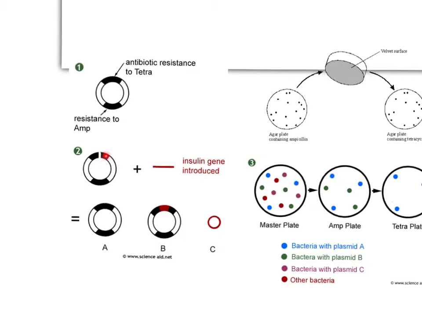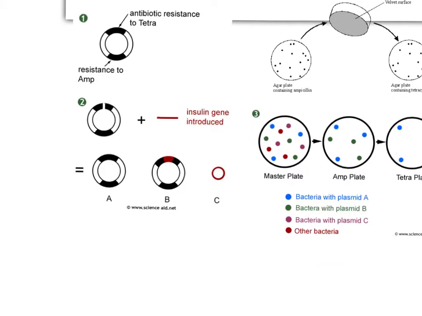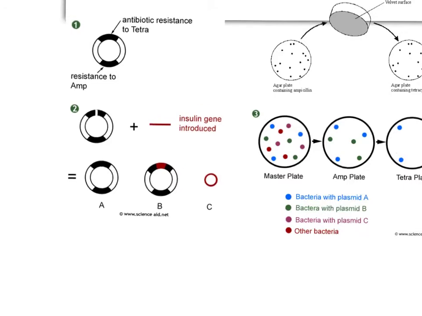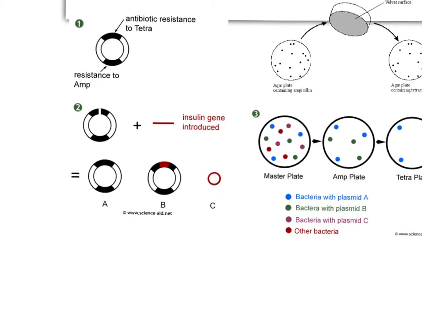That might seem a bit odd, but I'll explain why we do that. Now, as I said at the start, it's a fairly hit and miss affair what the plasmid might do. When we add the ligase, the ligase can do one of three things. It could just knit our plasmid back together again.